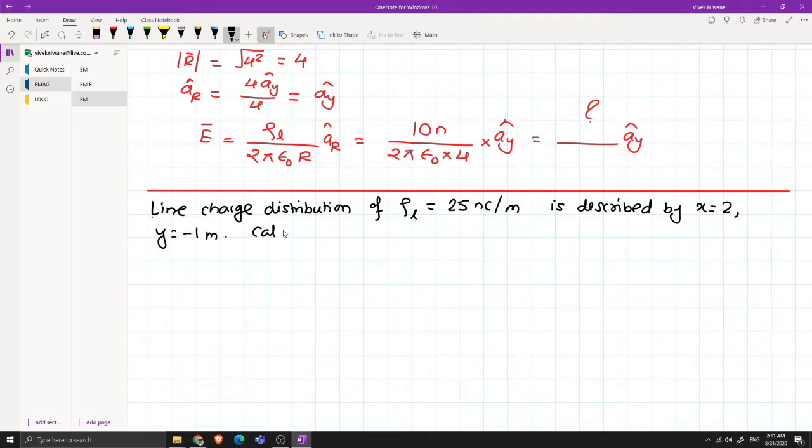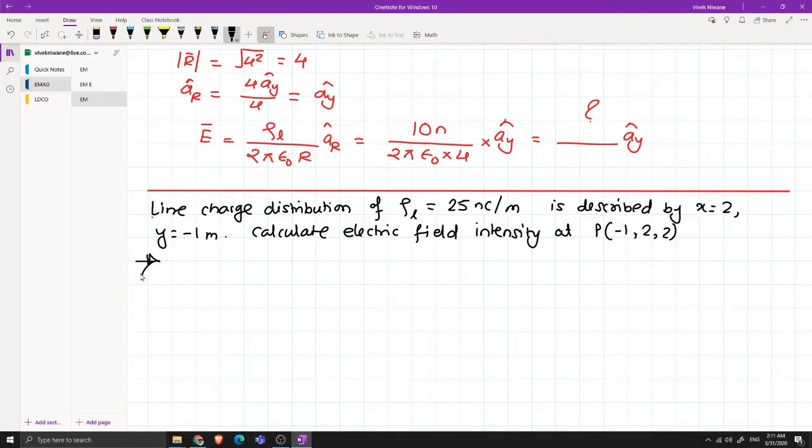Calculate the electric field intensity at P(-1, 2, 2).